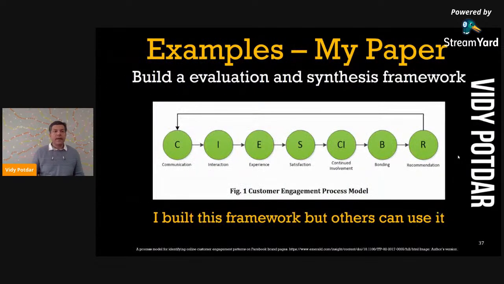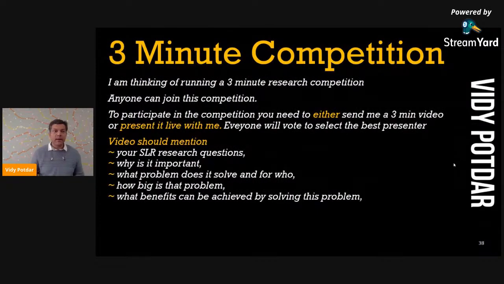Okay, so that finishes the first bit of the session today. It took a bit longer than an hour. What I want to do now is share with you one thing that I am planning to explore, which is a 3-minute research competition.